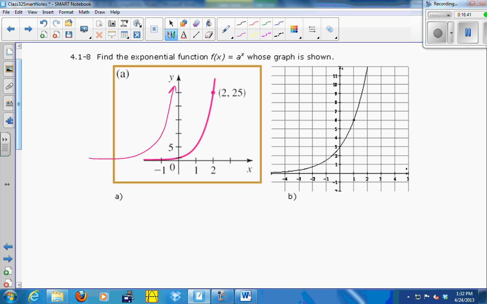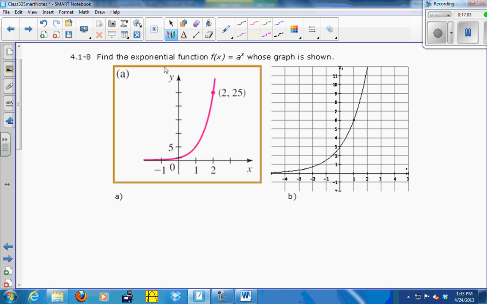Like that. That's not an exponential. But you can have a graph that looks like that. But that's not an exponential function. Because exponentials have domain negative infinity to infinity. So you can always plug in something from the other side.